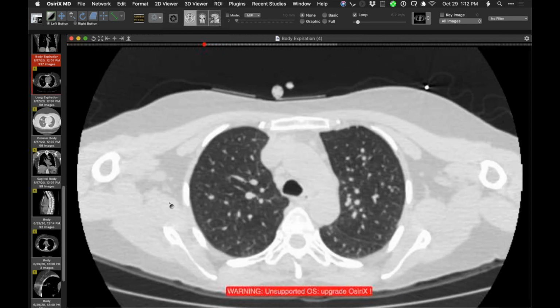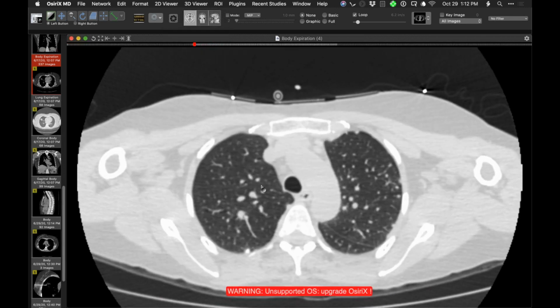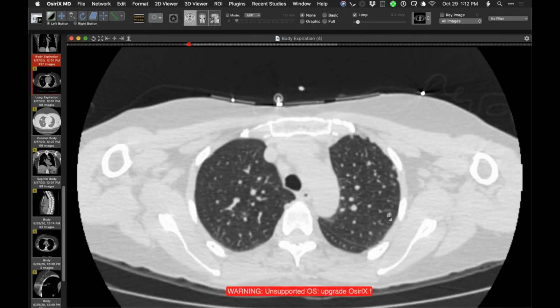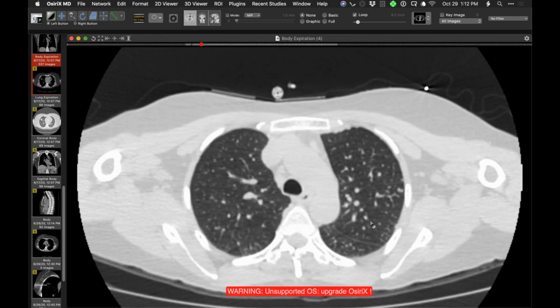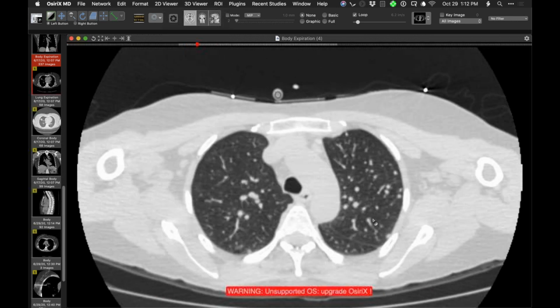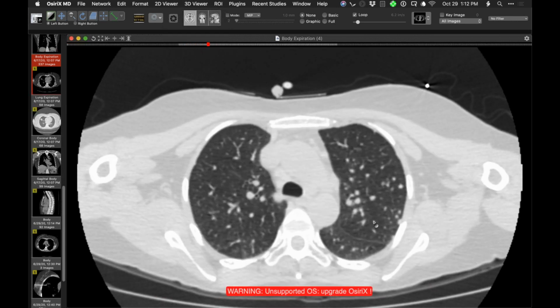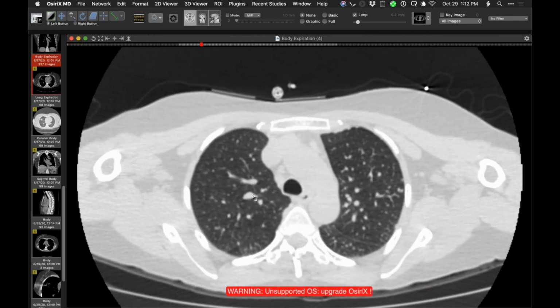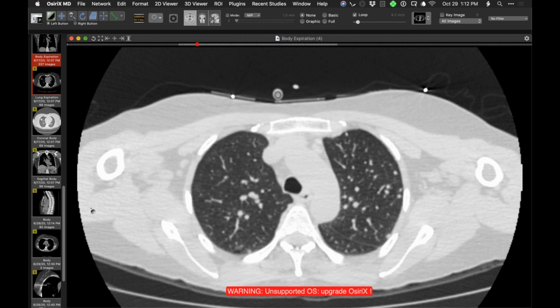And those nodules have been present for quite some time, and there are quite a few of them. Not all of them, but quite a few are in relation to the pleural surface. And there's another one here. Let's see if I can find it. Or in a couple of places, I thought there was some opacity, maybe very close to bronchovascular bundles as well.